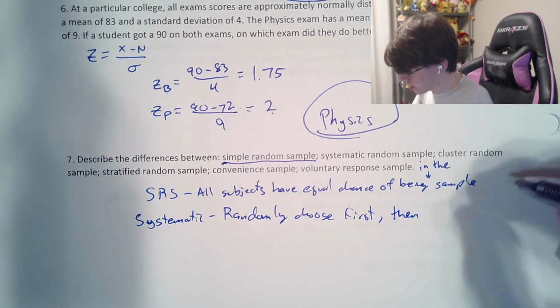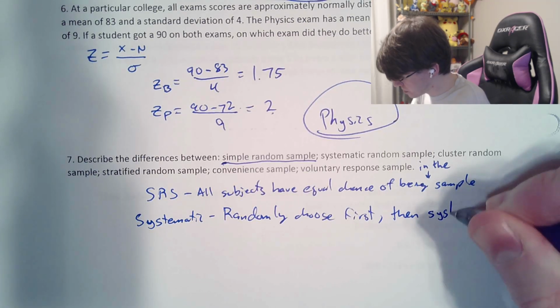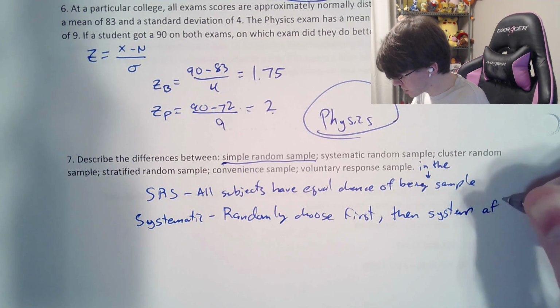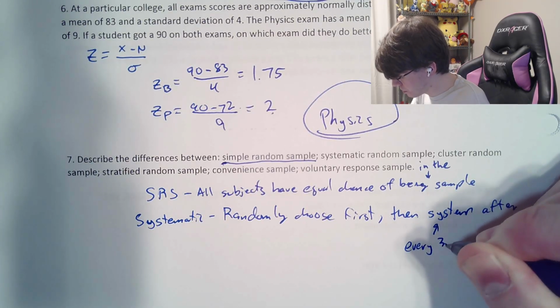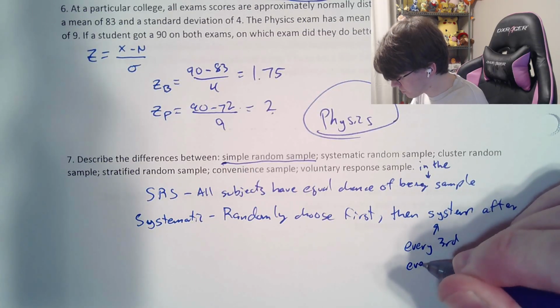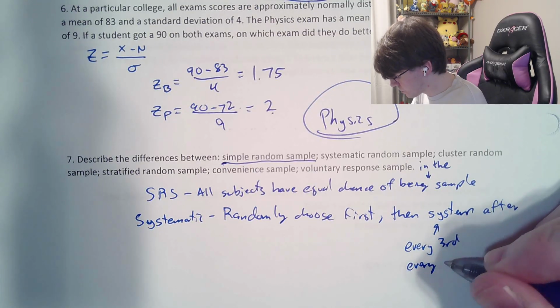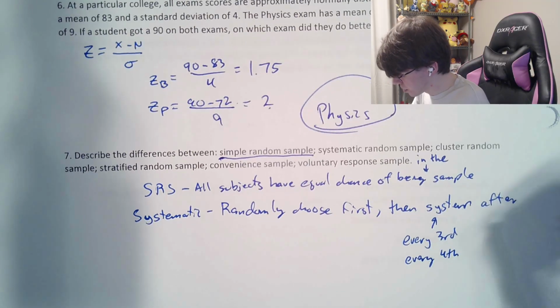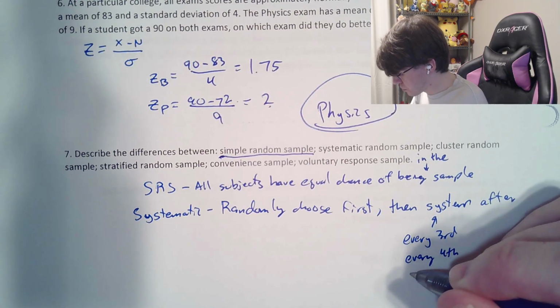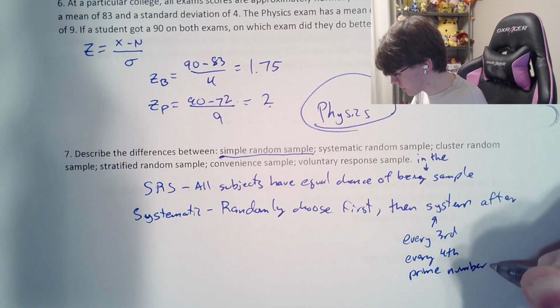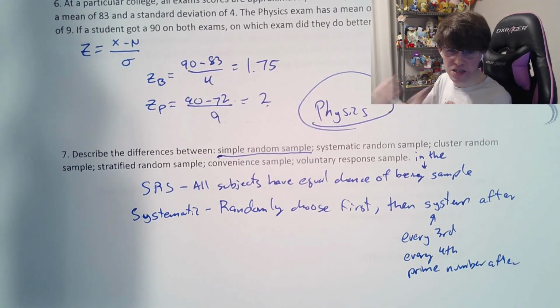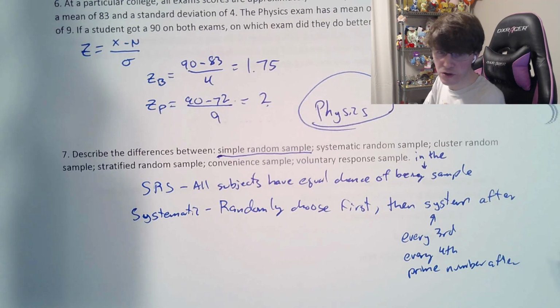And when I say system, I'm talking something like every third person, or every fourth person, or prime number following, or something like that. So you basically have some kind of system after you've decided the very first one.